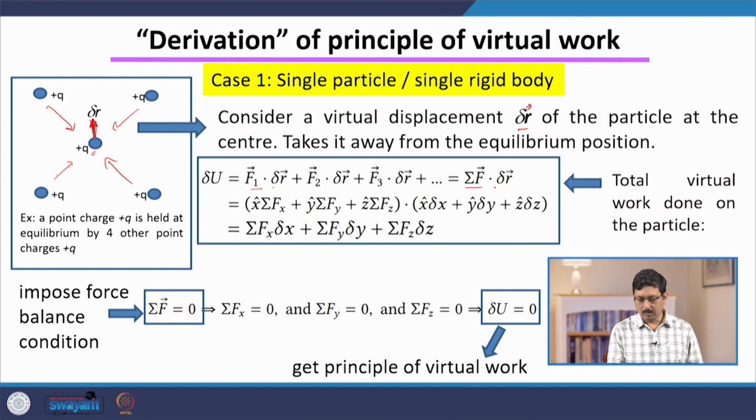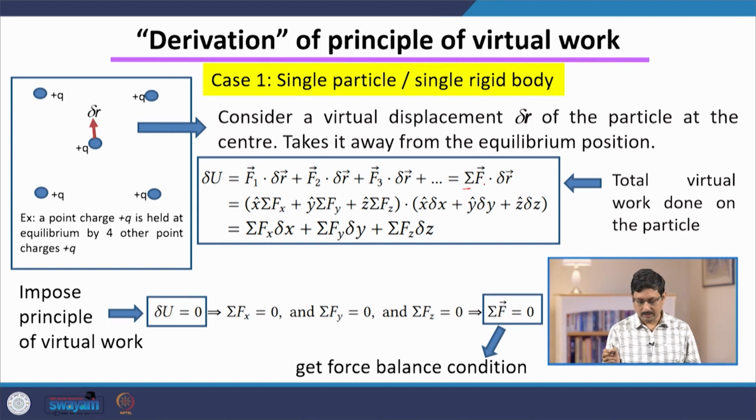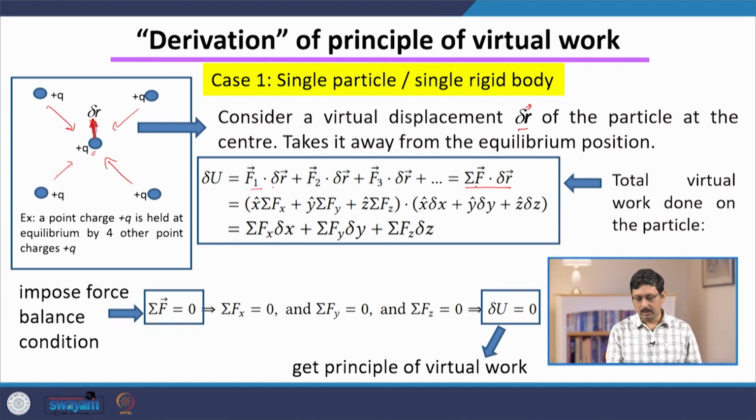The total work is the sum, sigma, over all the forces. Since it is the same particle, the displacement part is the same for all these works, so you can take it common. You get the total virtual work given by the total force on the particle dotted with the virtual displacement.